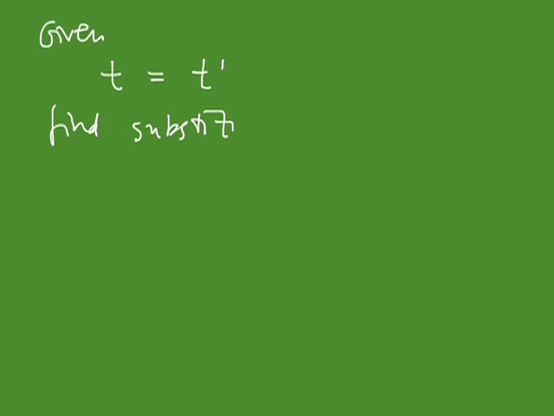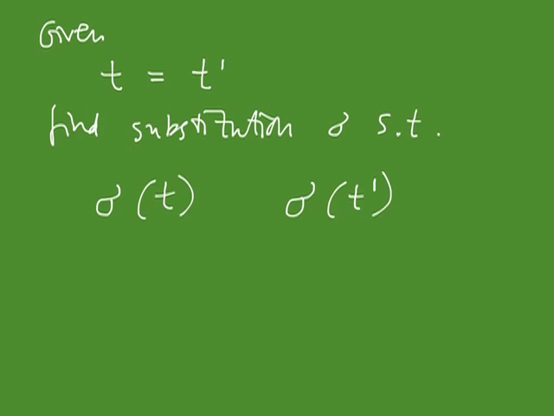So we're faced with the task of, given two type expressions, t and t prime, we find a substitution, sigma, such that if we apply sigma to t and we apply sigma to t prime, we get the same type expression.